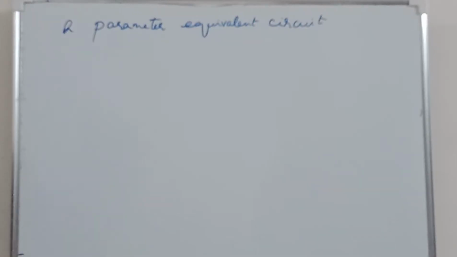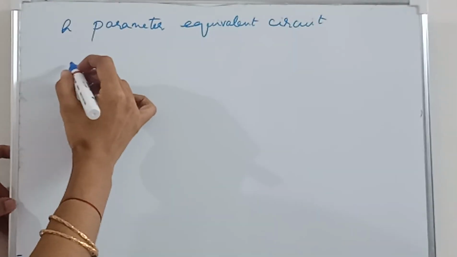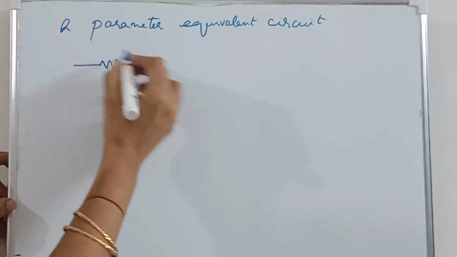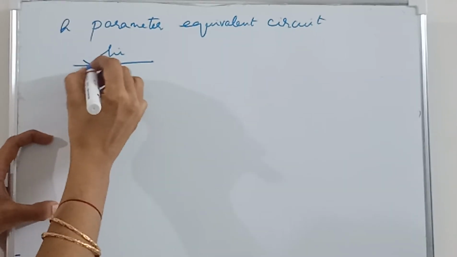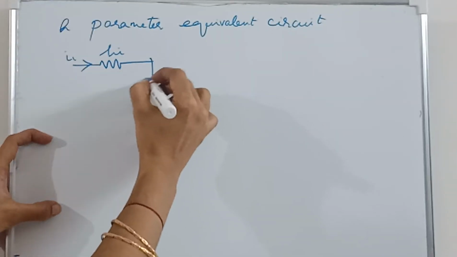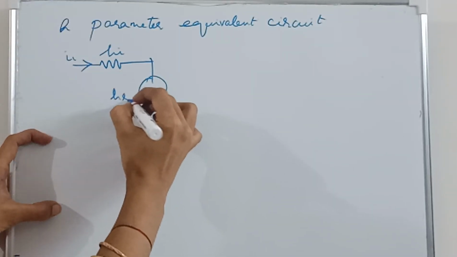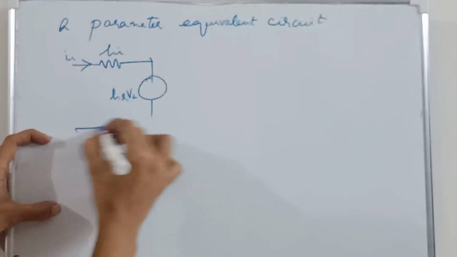The H parameter equivalent circuit, the way you can write using the equations, is you will have HI with the current of I1, and you have HR V2.